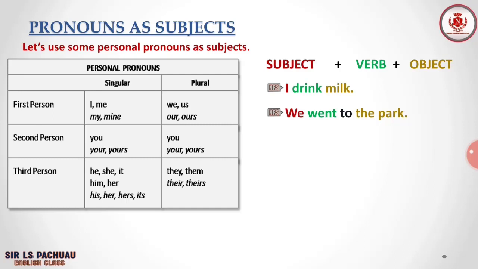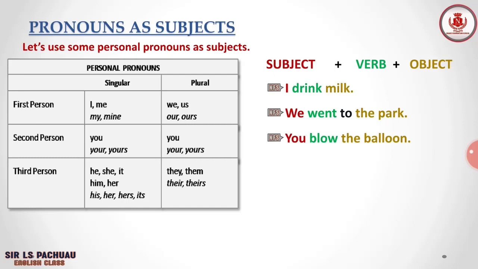We will learn how to conjugate verbs in the next class. We went to the park. So the park is the object. Where did we go? We went to the park. Remember, we are using a pronoun as subject here. You is the second person singular pronoun. You blow the balloon.